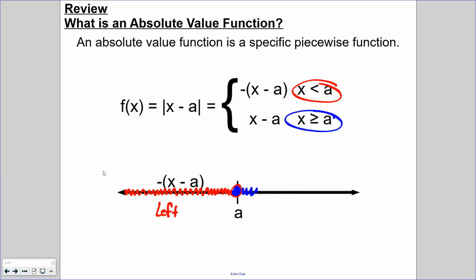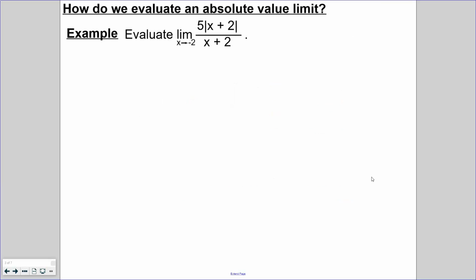For all the x values that are greater than or equal to a, so including a, or all of our values to the right of a, we would want to use x minus a. And the thing to mention here is notice that everything is centered around our a value.